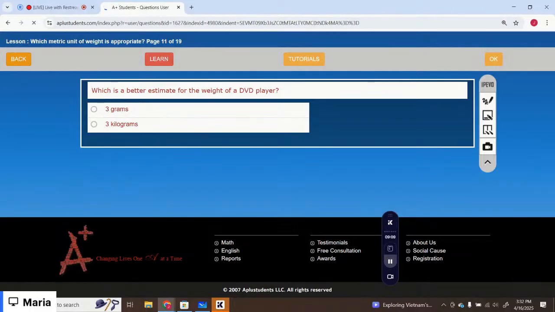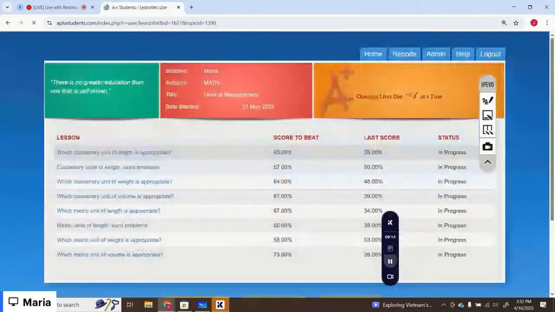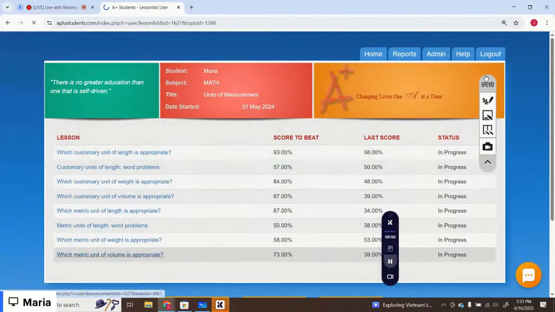Let me just move on. Which metric unit of volume is appropriate?